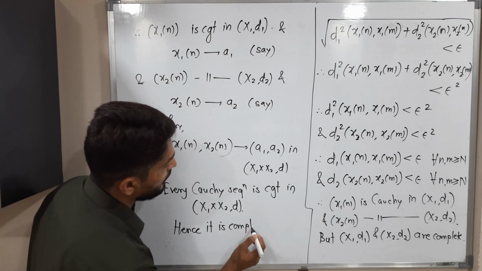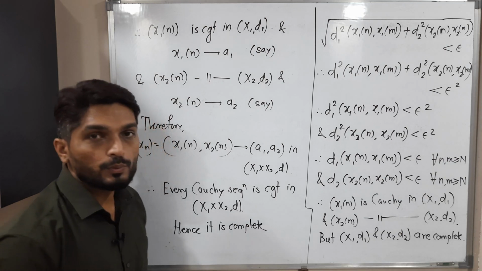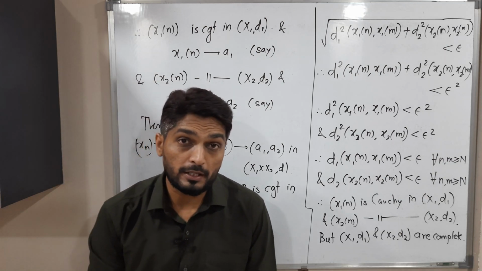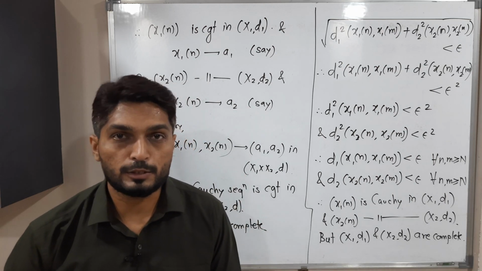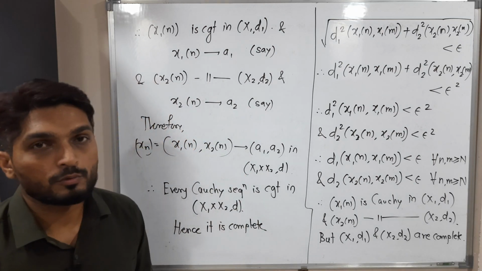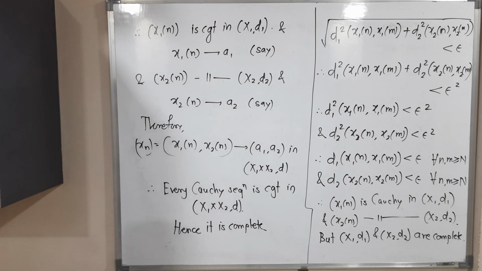So in this way we proved that if X1 and X2 are complete metric spaces, then X1 cross X2 is also a complete metric space with the given metric D. So in this way we have completed this example. Make a screenshot of it, note it down in your notebook, okay, and we will meet in the next video. Thank you. See you.